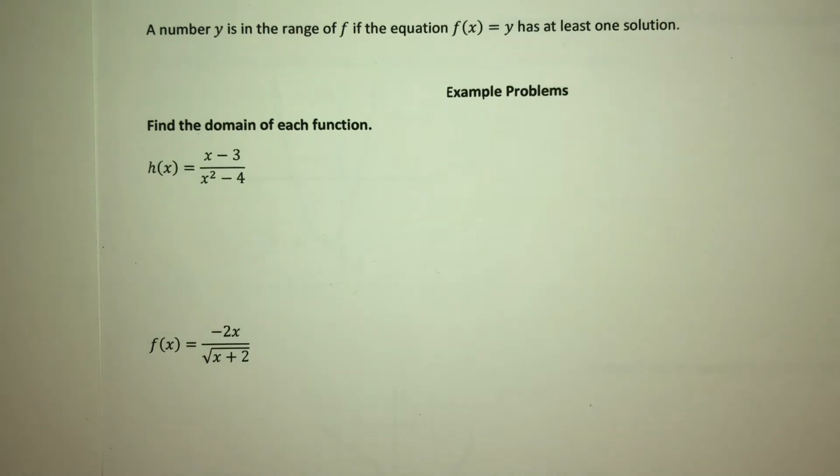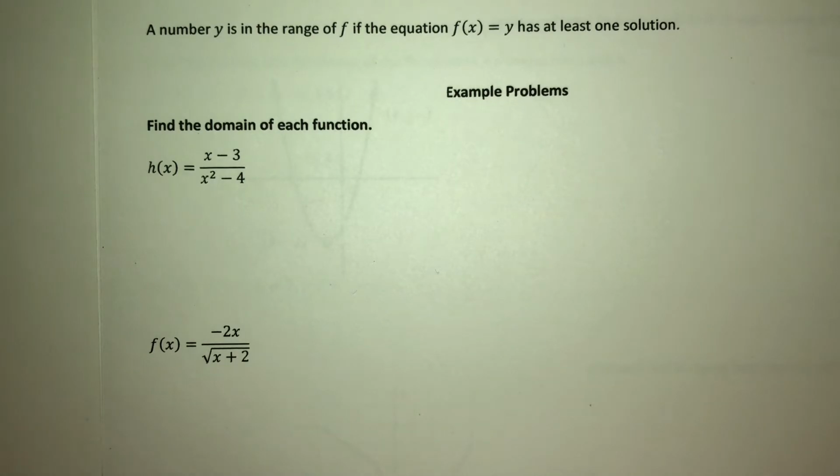Okay, so we can't possibly list them all. So we're likely going to be asked to provide our domain in either set builder notation or interval notation. And I'm going to be writing both of those here.